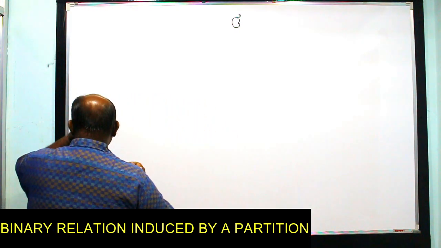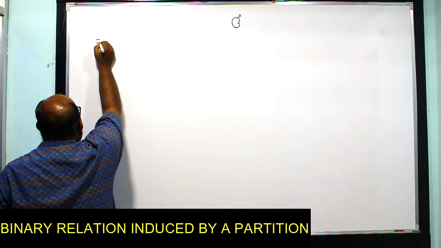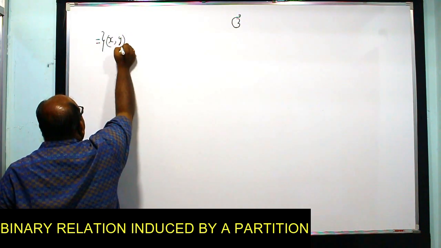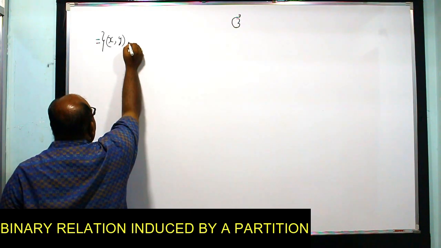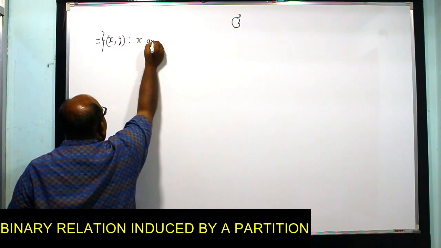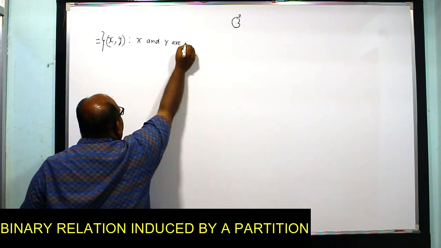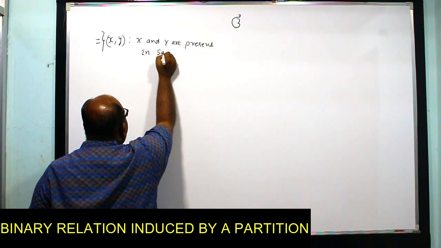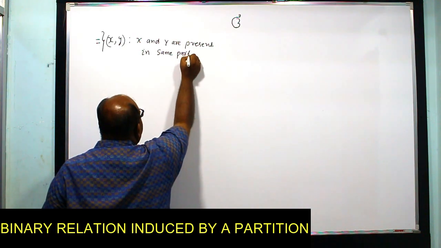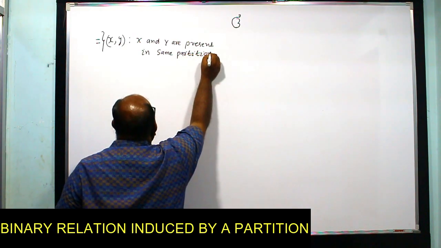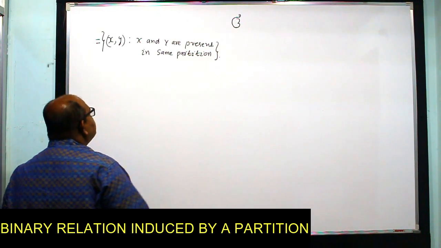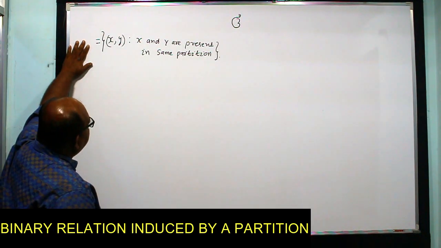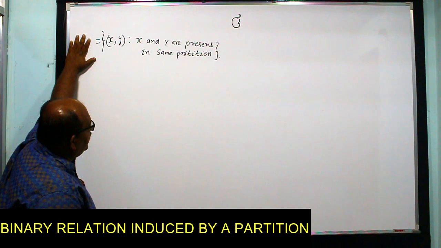Any relation written as per this definition means the relation set contains the ordered pair (x, y) such that x and y are present in the same partition. This is the binary relation induced by a partition. Remember, this is the definition of a binary relation induced by a partition.